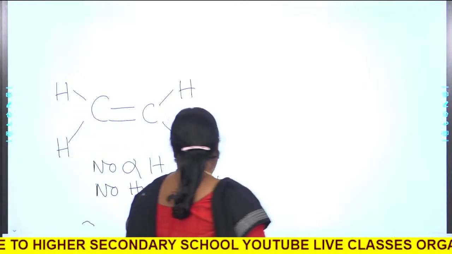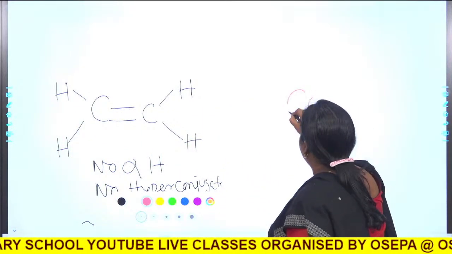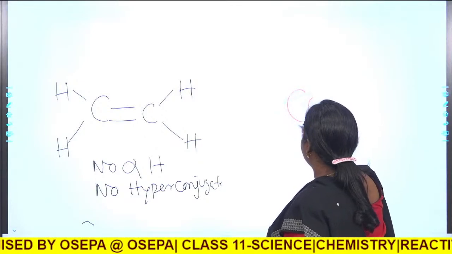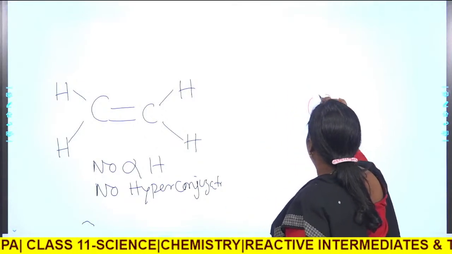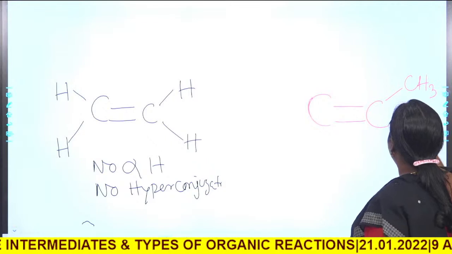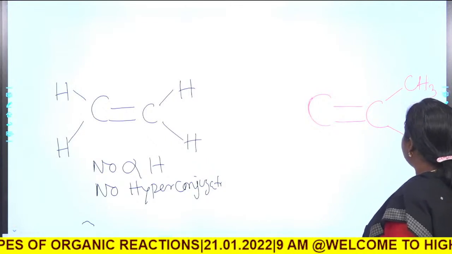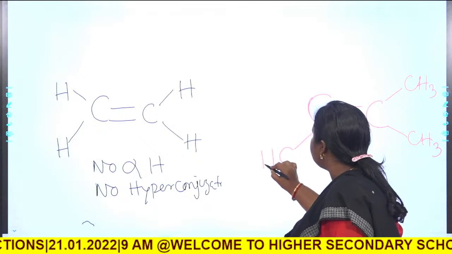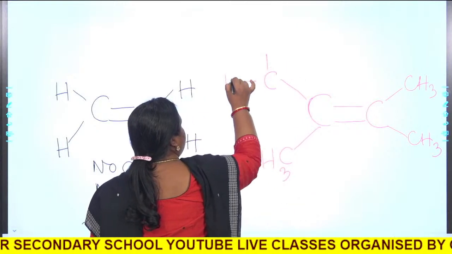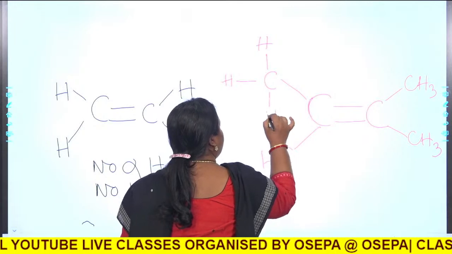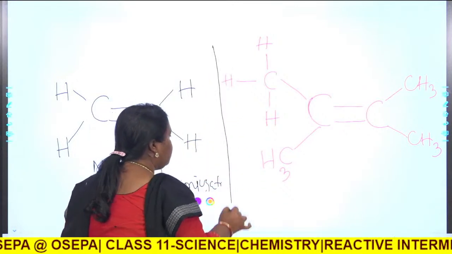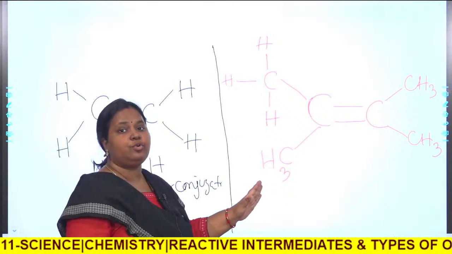Now let us see another case. Mark, this is your 2,3-dimethyl butene, a molecular name.